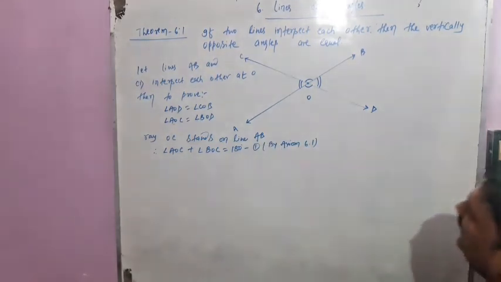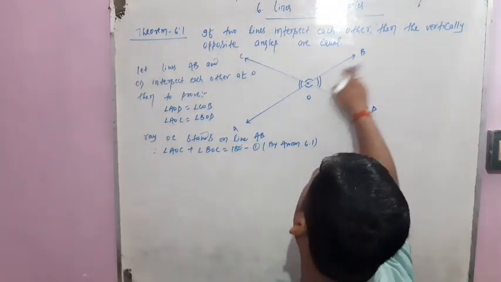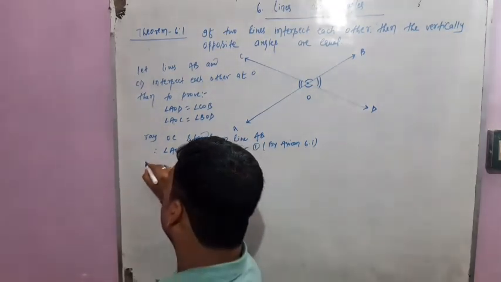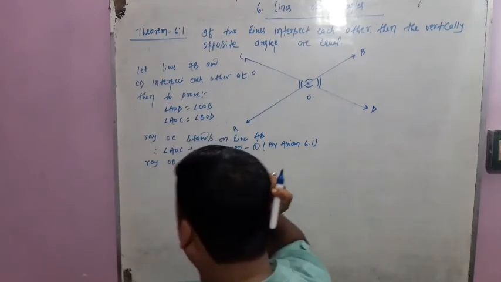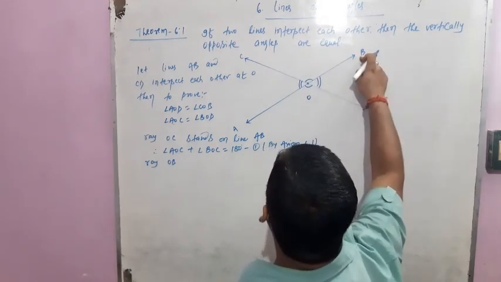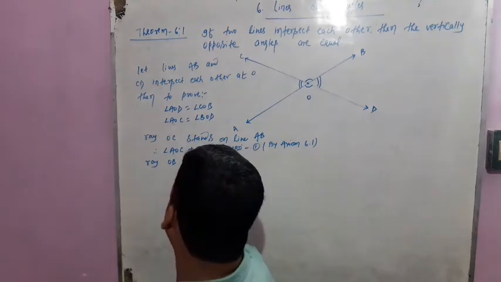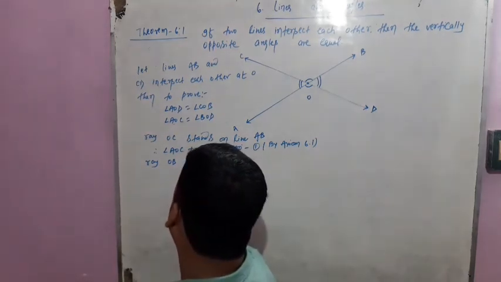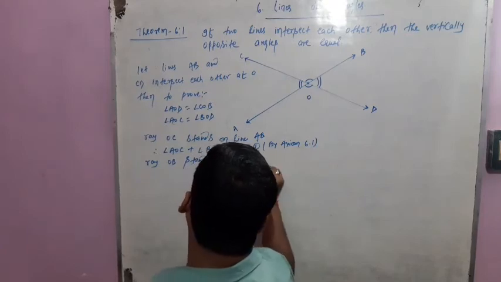Okay students, now take another ray, OB. Now you are looking here. The ray OB stands on which line? CD. So ray OB stands on line CD.